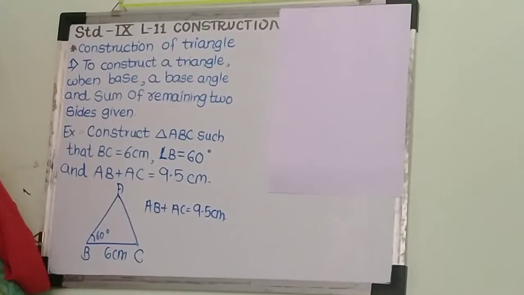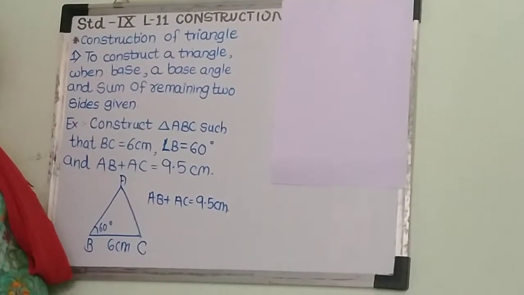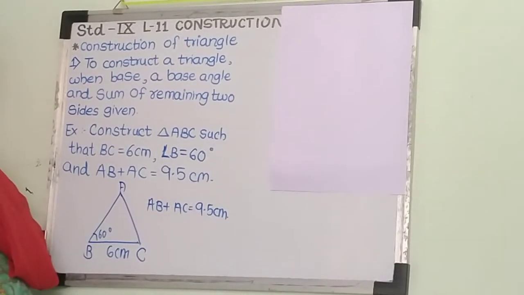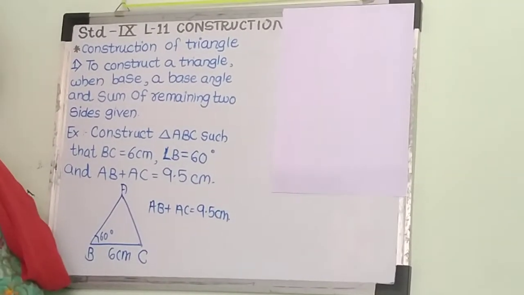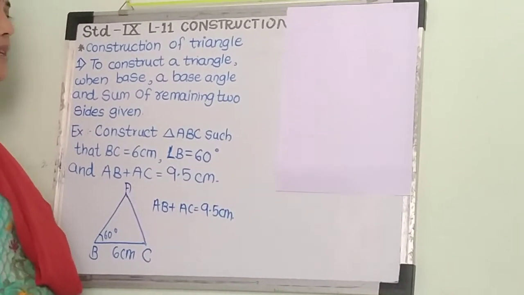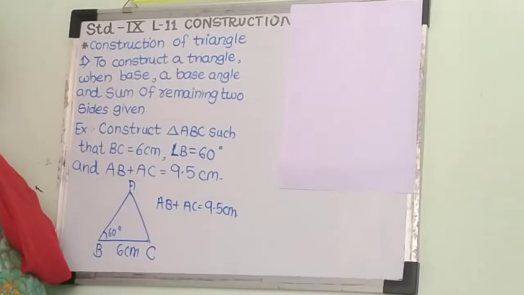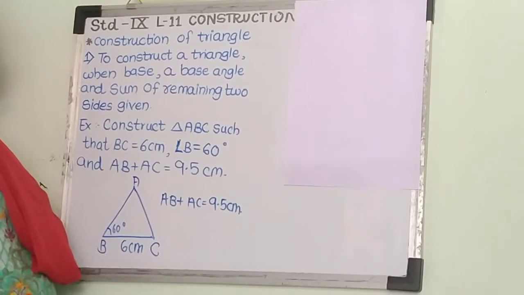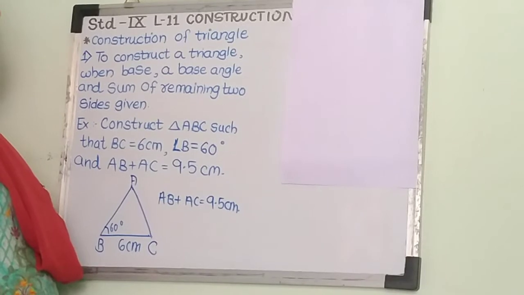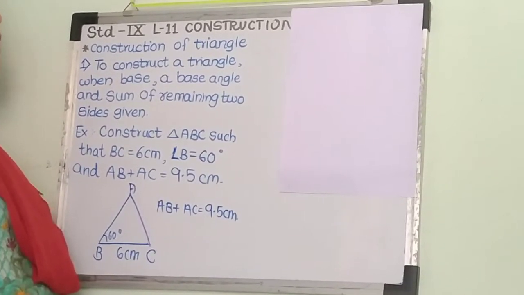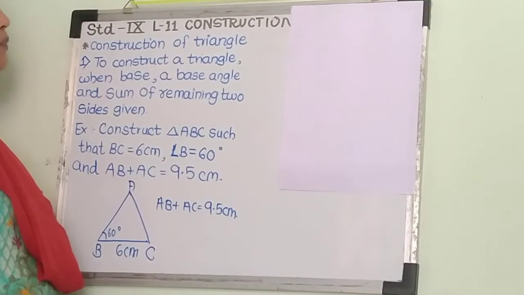Students, in the previous lecture we saw all the basic constructions. In that we learned how to draw the perpendicular bisector of a line segment. Then we saw that when a point is given outside the line, we draw the perpendicular from that point to the line.